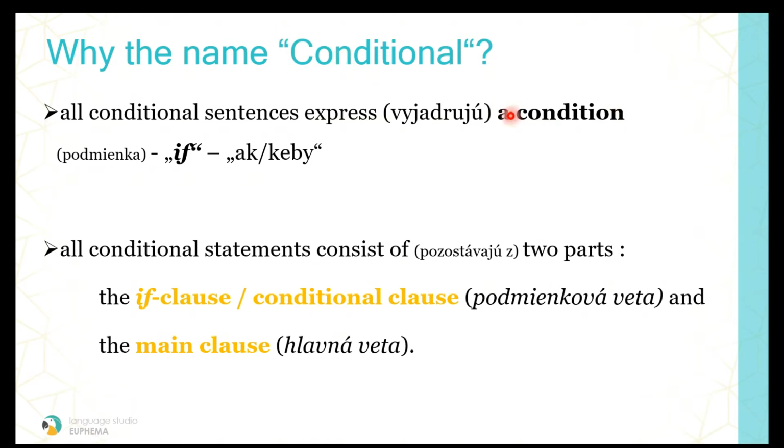So there's always a condition, in Slovak podmienka, and they all use this short word if. Another thing they have in common is that they consist of 2 parts, always 2 parts. There is the if clause, also called the conditional clause, and the other one is the main clause. So if clause, main clause, 2 parts in all conditional sentences.